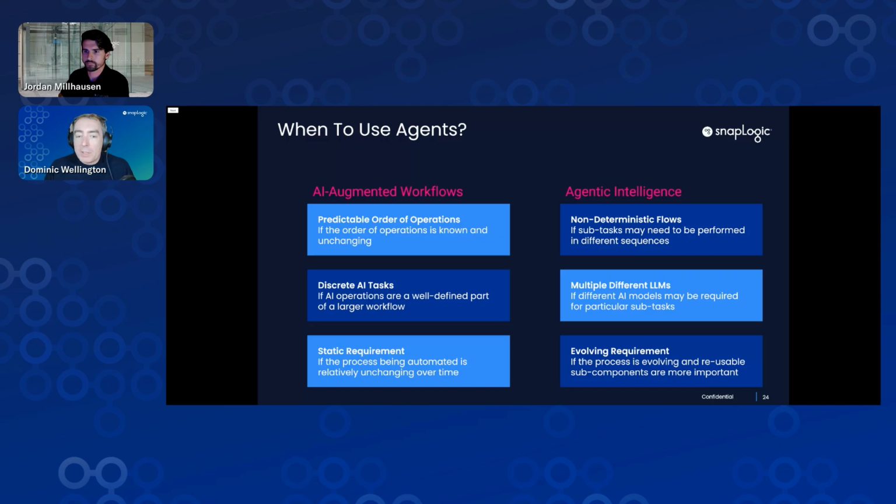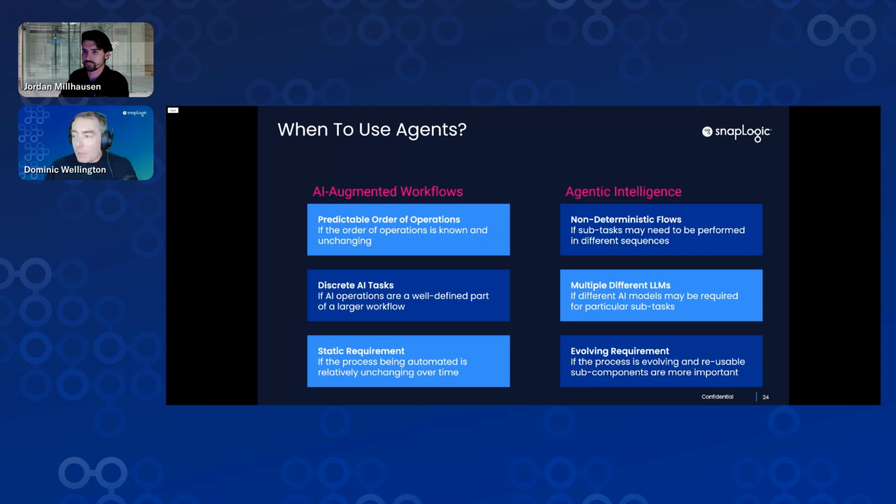If your requirement doesn't change, the workflow doesn't change, the process you're automating doesn't change, then again, you can automate it in a fairly static and unchanging manner. If you expect things to change over time, to evolve, then agents might give you that flexibility so you don't have to be changing and editing and getting your hands dirty every single time some salesperson somewhere else in the world comes up with a new type of order form that you need to be processing. So it's just some ideas to guide you in your own development.